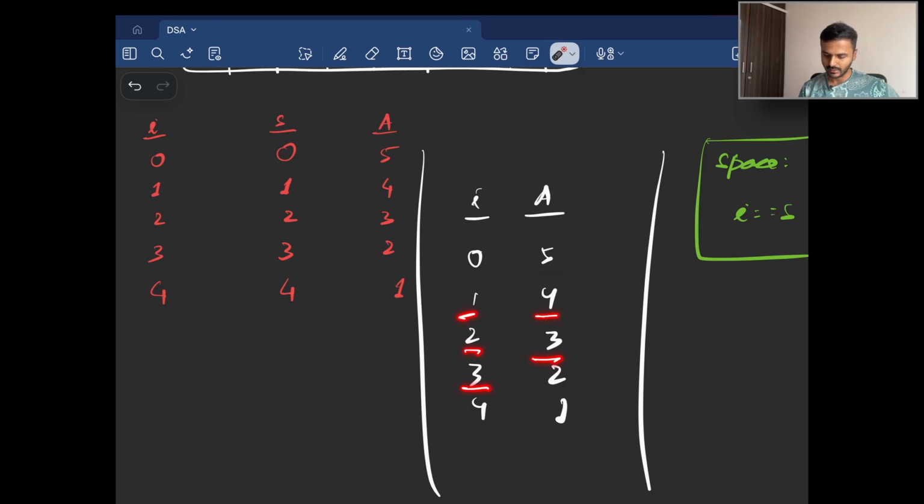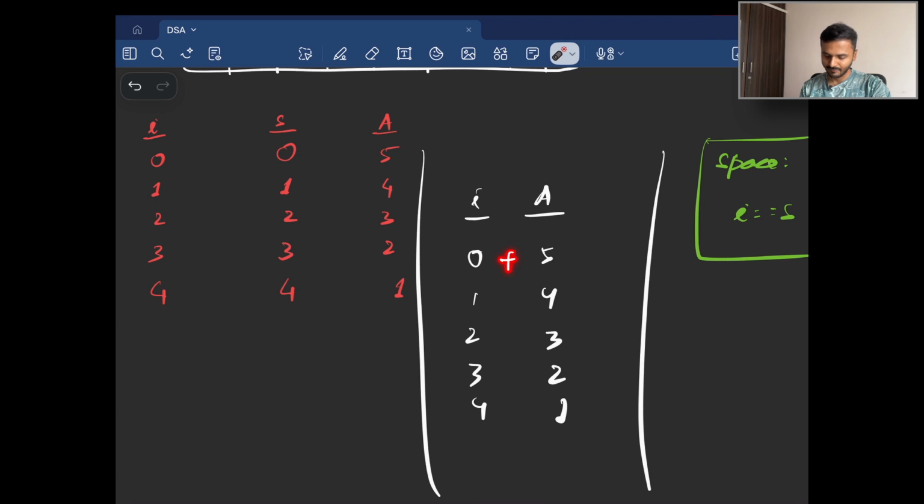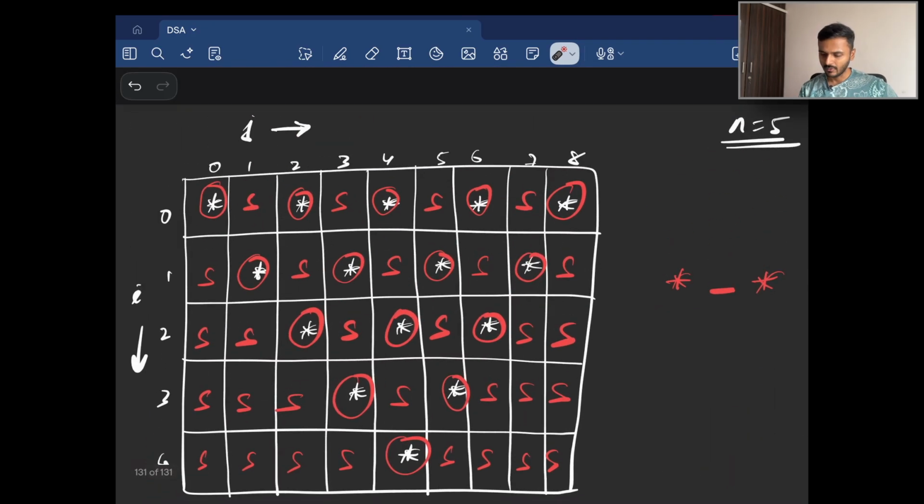For 2, 3; for 3, 2; and for 4, 1. If you add the value of I and A, you get 5, and this holds true for all the values of I and A. And this 5 is not a random number. It is coming from the fact that n equals 5.